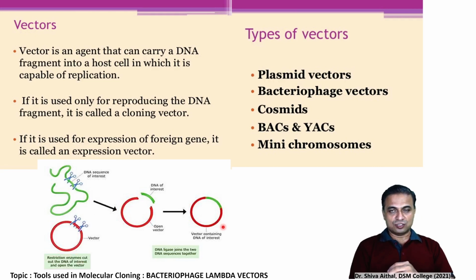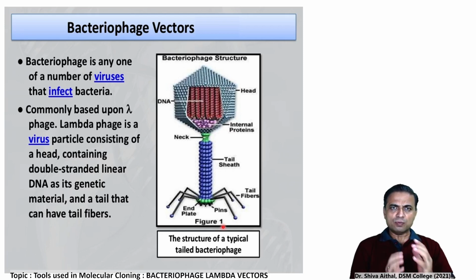Similarly, Lambda phage is one magnificent phage in its own world, in its own kingdom, which has a miraculous type of lifestyle, a dual lifestyle, and it can even remain in a lysogenic state for as long as it can see favorable conditions and then break open the host and come out after lysing the cell. So two types of lifestyle, a large DNA fragment, and some of the features why it is considered a very good candidate for using it as a vector, we will see in this lecture. So bacteriophages, specifically lambda phages as vectors.